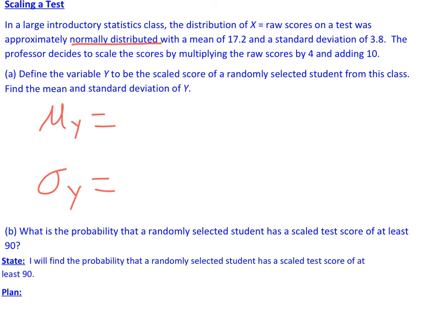For the original test scores, it's 17.2 and 3.8. Now, don't you dare go to normal CDF and use those numbers, because the instructor of the course transformed these numbers. The first thing that was done is each score was multiplied by 4.